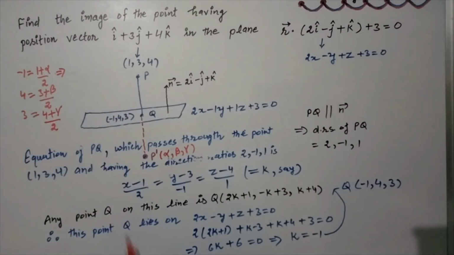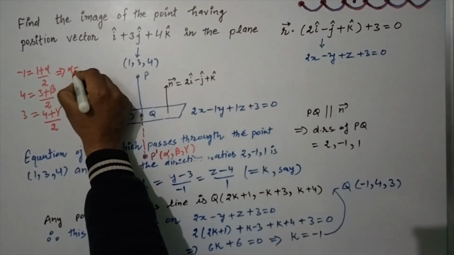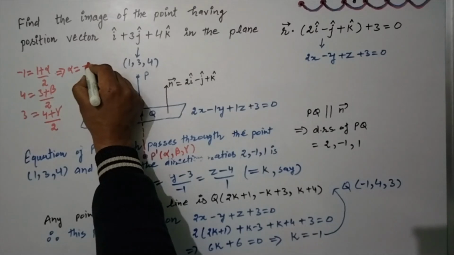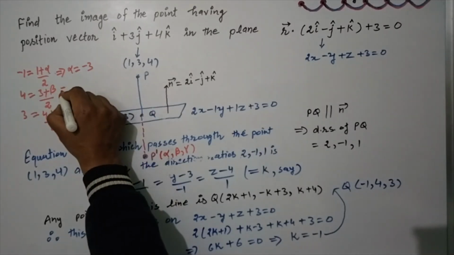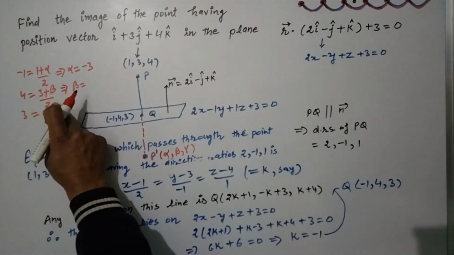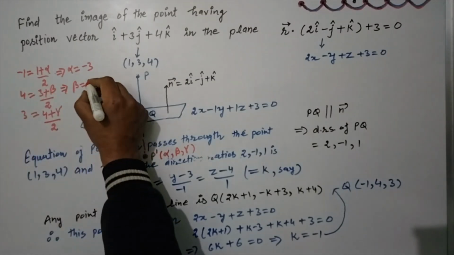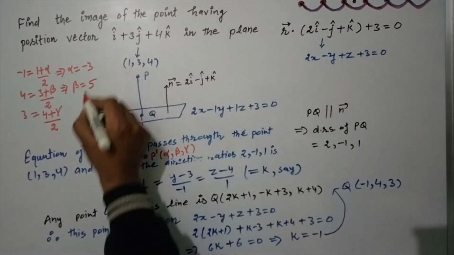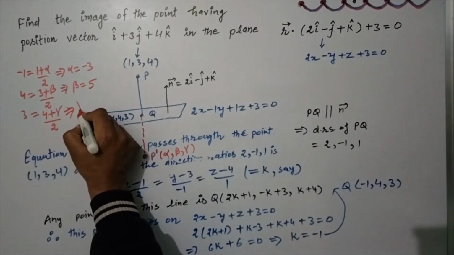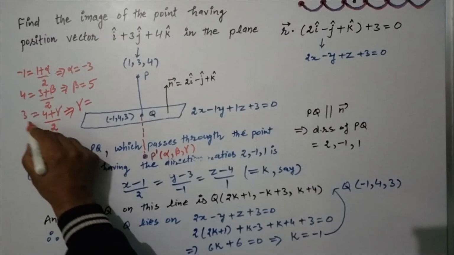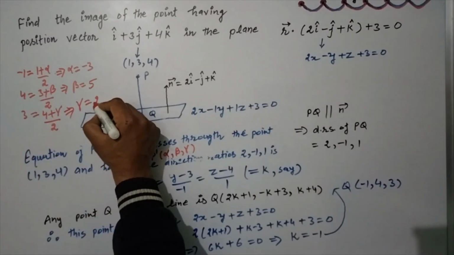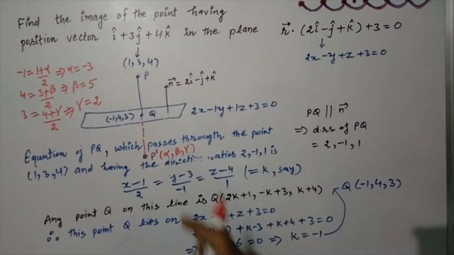From here we can find alpha is equal to minus 2 minus 1, which is minus 3. Beta is equal to 4 into 2, which is 8, minus 3, which is 5. Gamma is 3 into 2, which is 6, minus 4, which is 2.